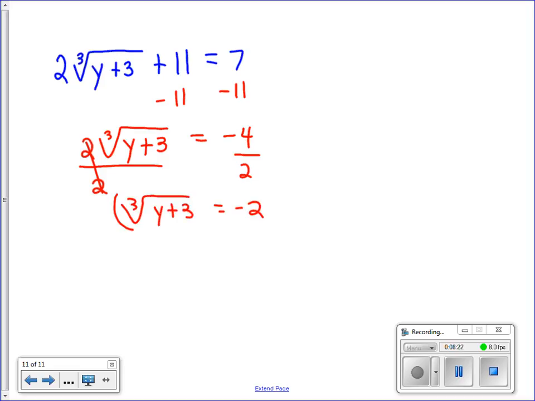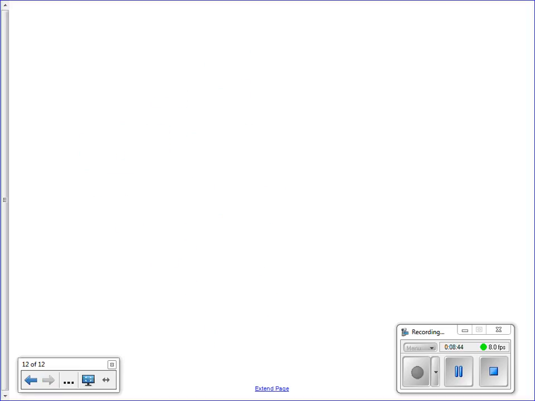When I take that to the third power, it's -8. Remember, a negative to a third power is still going to be negative because you have an odd number of negatives in there. Subtract 3, -11. Okay, let's get serious about this. Just quit playing it to this point.